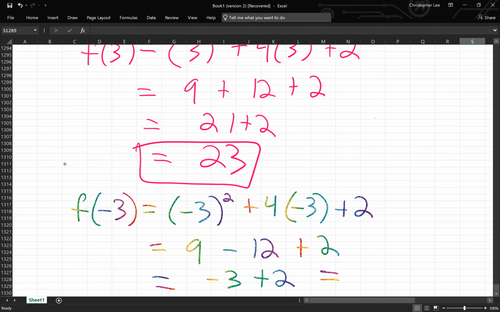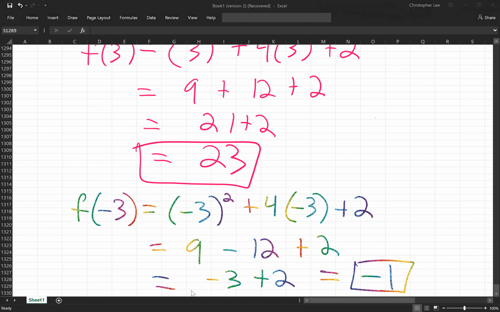Plus 2. And what's negative 3 plus 2? Negative 1. That's my answer. Easy, right? Just plug it in. It'll work every single step. I promise you, it's mad simple.